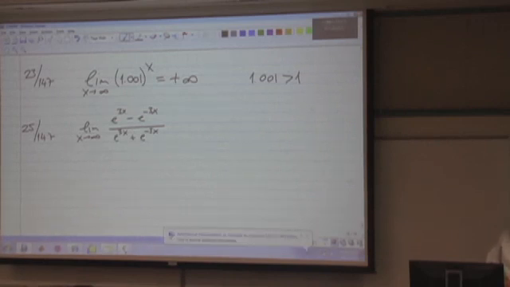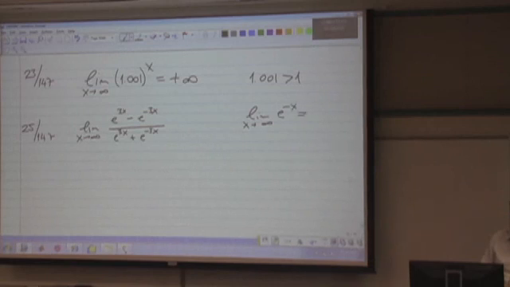Well, let's put infinity in for x and see what happens. e to the infinity is infinity. e to the minus infinity is 0. Yes. The limit as x goes to infinity of e to the minus x will equal 0.